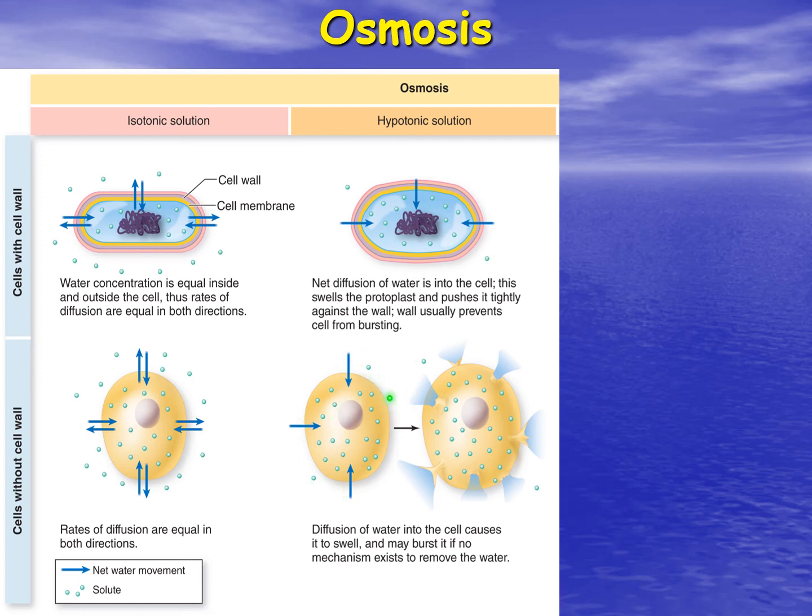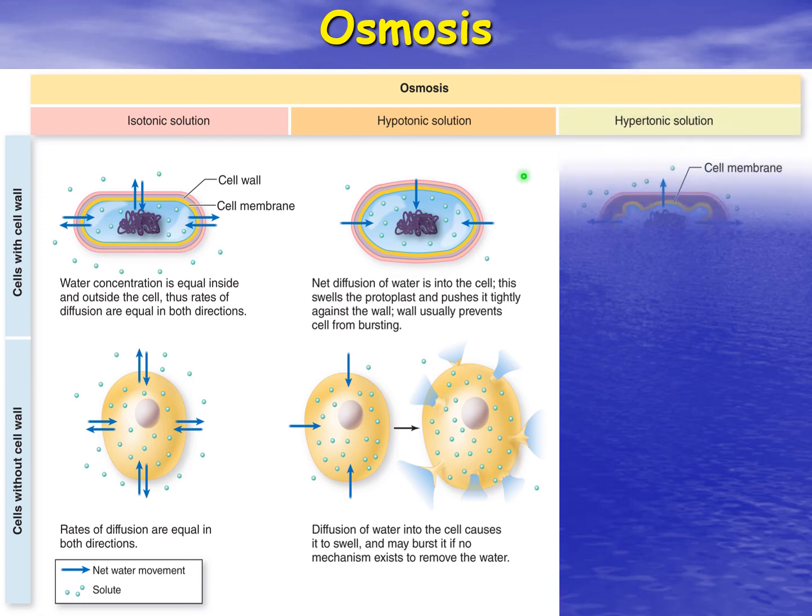In eukaryotic cells without a cell wall, as water moves into the cell, it is going to swell, and before we can probably reach equilibrium of the water inside and out, the cell membrane is probably going to rupture, and we get lysis of the cell. However, the bacteria, because of that strong cell wall, actually resist lysing, and so this will keep this cell from being destroyed in this hypotonic solution.